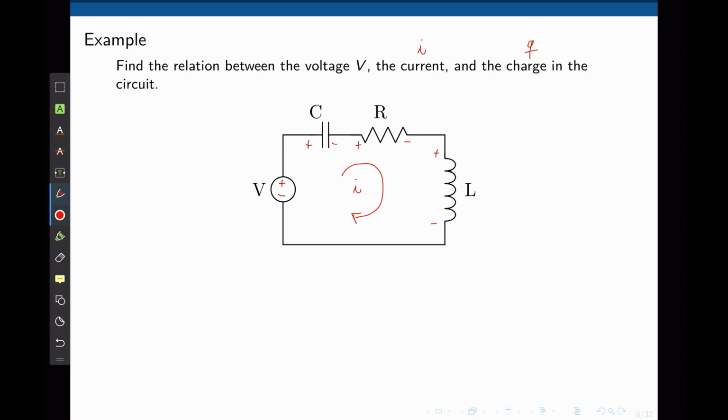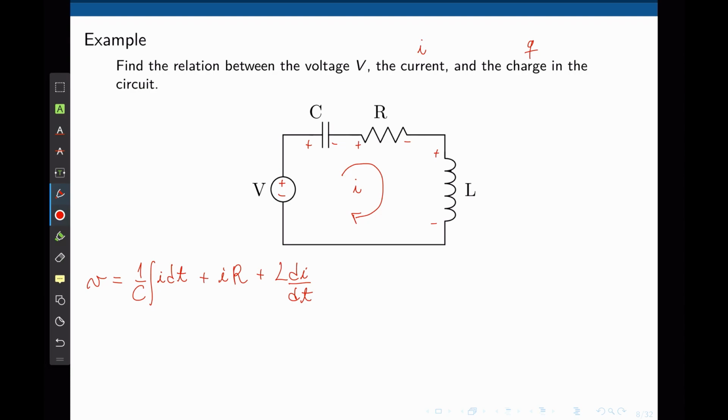So you can write that V is the sum of all voltage drops, starting with the capacitor, that is 1 over C integral of I dt. The voltage drop across the resistor is R times I, and the voltage drop across the inductor is L di dt. Again, this is simple Kirchhoff's law. This is the first expression. This relates the voltage and the current.